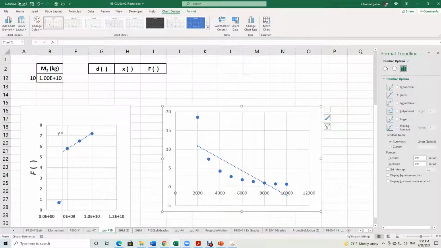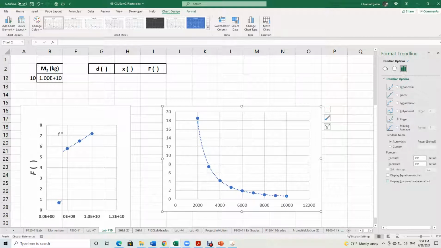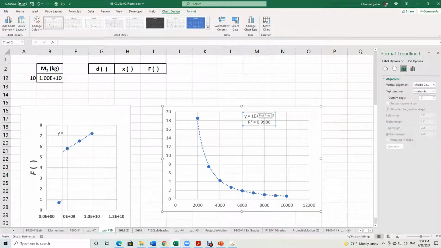Then there are options on the right. Just notice the options here on the right side, right? What you're going to do, you're going to select power. And then display equation on chart, display R squared on chart. The power is negative 2.